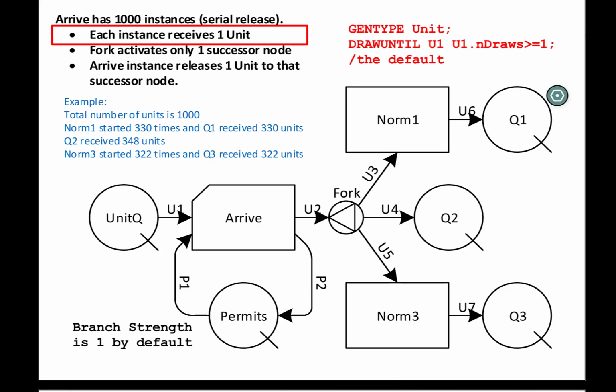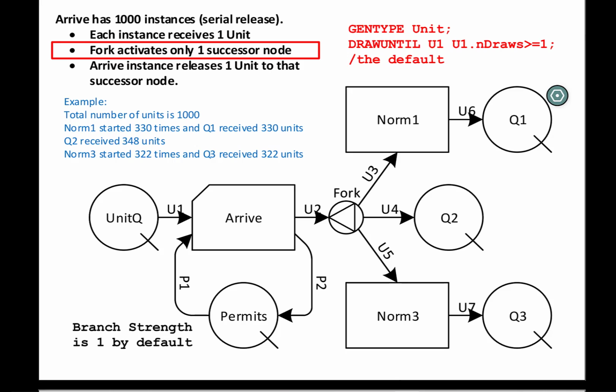Each instance will receive one unit from the unit queue that will be eventually passed on through link U2 to the fork. Before any resources are released through link U2, the terminating instance of activity arrive will send a message to the fork to choose a succeeding node.